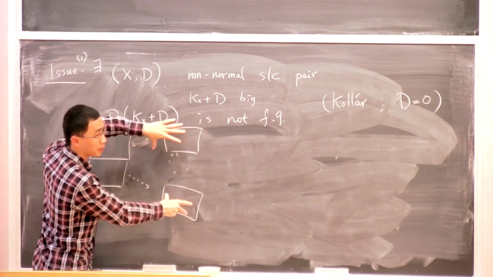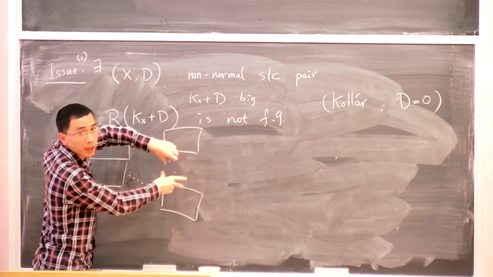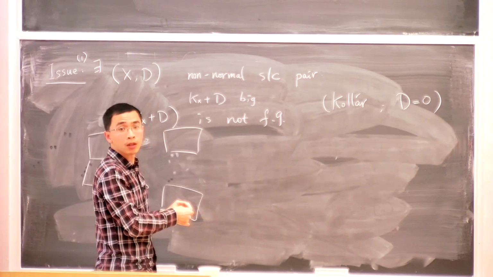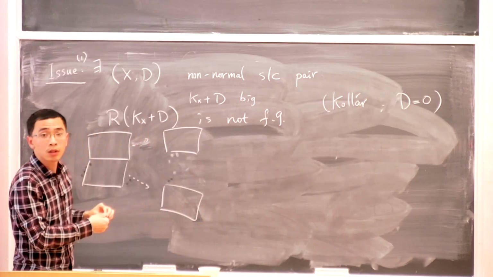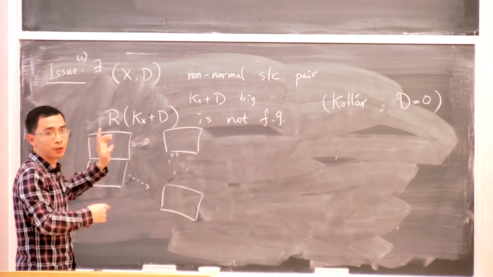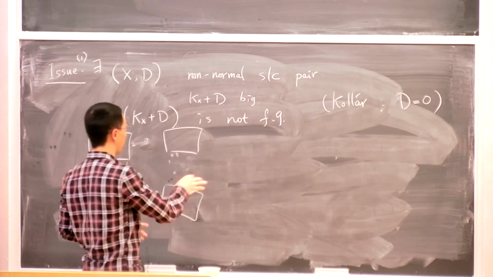So after this MMP step, they might not be able to glue them together anymore. So that's one of the issues. There's a second issue that's really related, but we will get to that later.